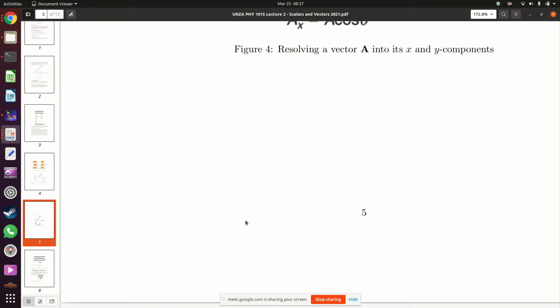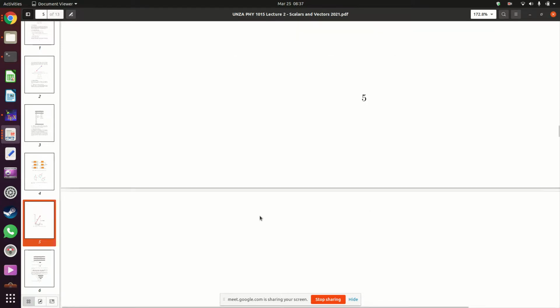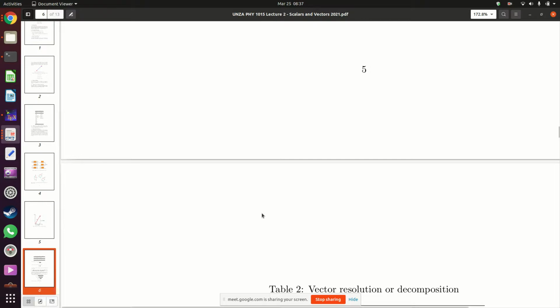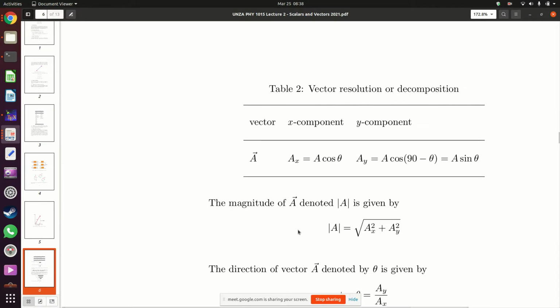The direction remains unchanged. We know the direction, it's the x direction. We know the other direction is the y direction. We just add the x components of the different vectors and we get the size. So once we know the sum of these components along the x and along the y, we can rebuild the vectors using this formula.